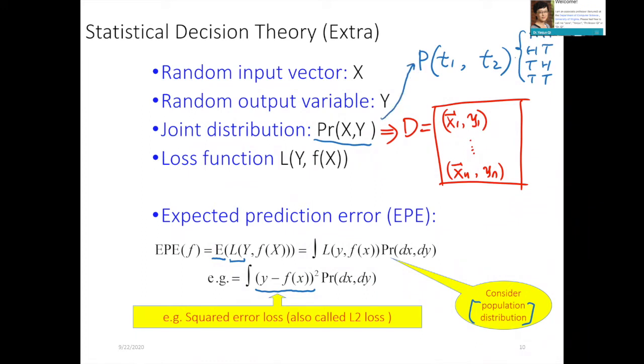Now the point is, I consider (x, y) combinations, and for each possible combination, what's the probability of that pair (xi, yi)? In fact, it depends on what type of probability distribution you use. It's a very complex probability distribution, but it's important.